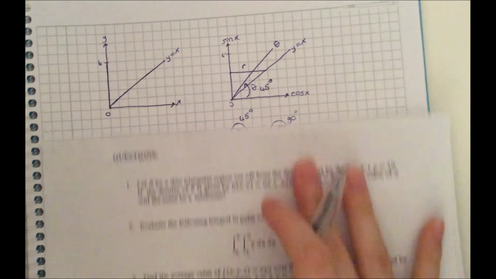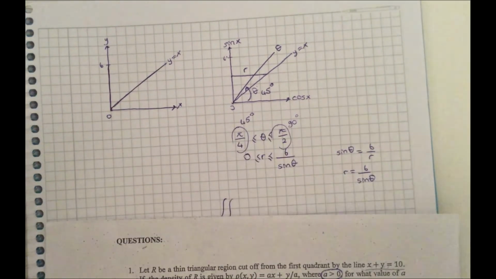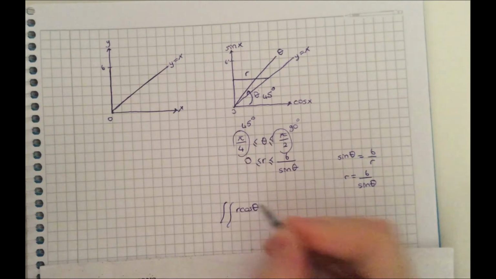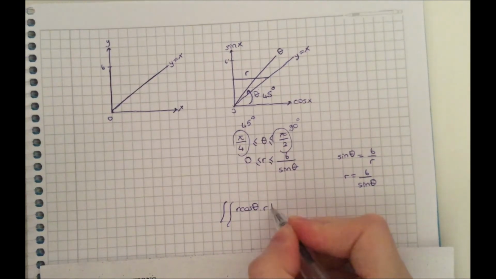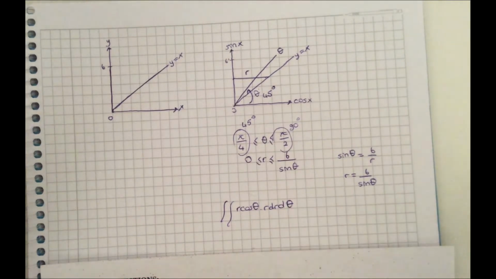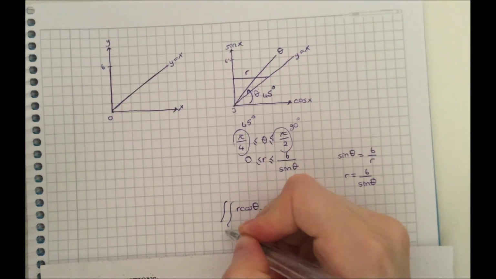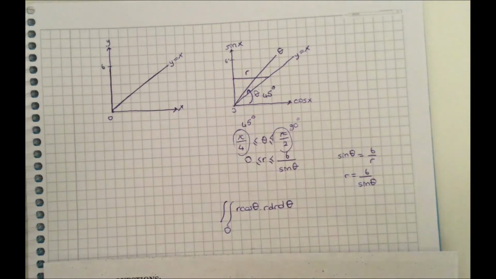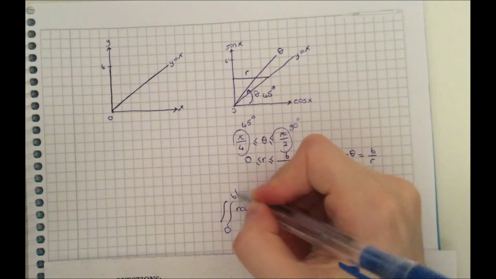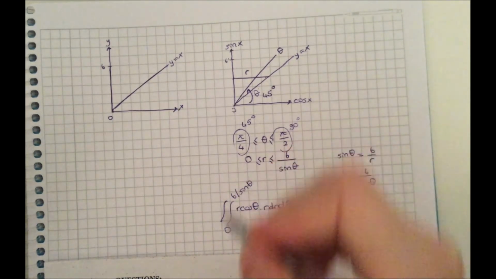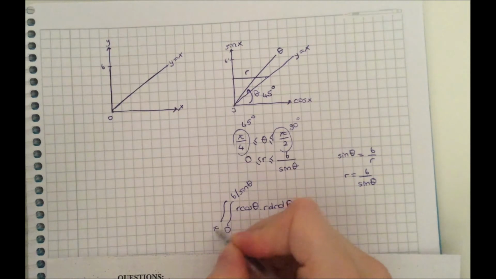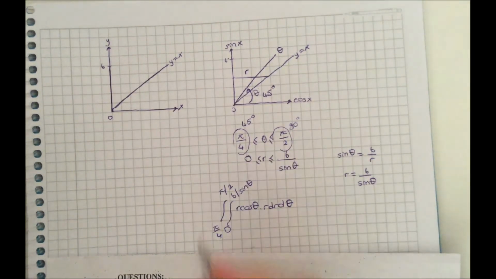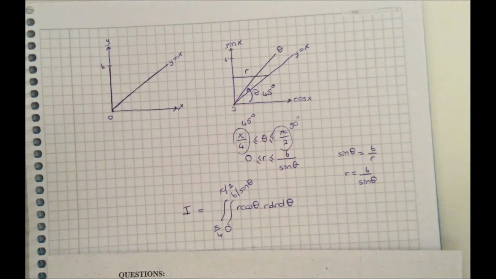So our x is r cos theta and r dr d theta. So the limits: r is 0 to 6 divided by sin theta, and for theta, it is changing pi divided by 4 to pi divided by 2. So this is our integral in polar coordinates.